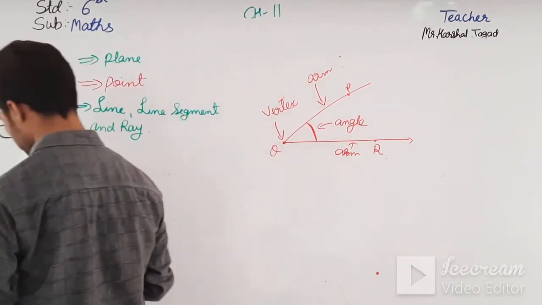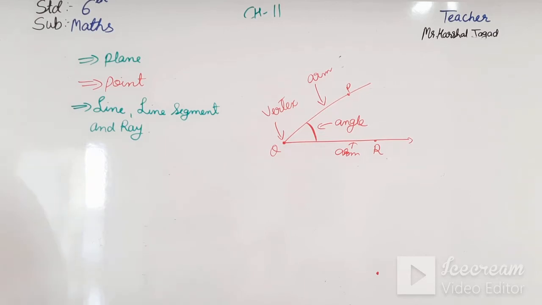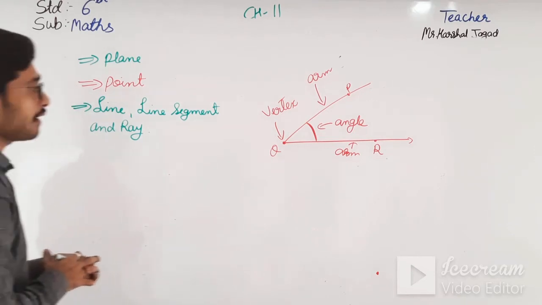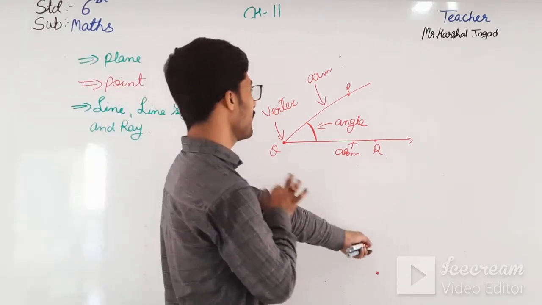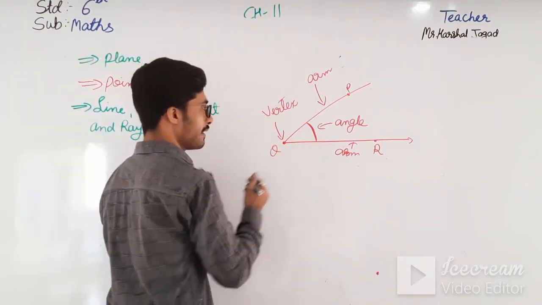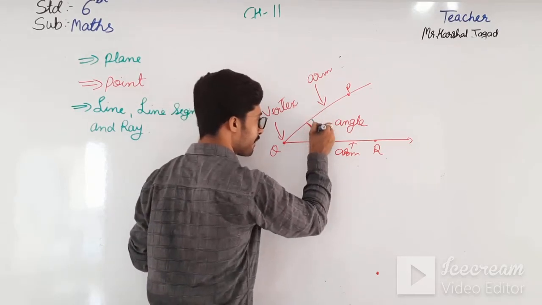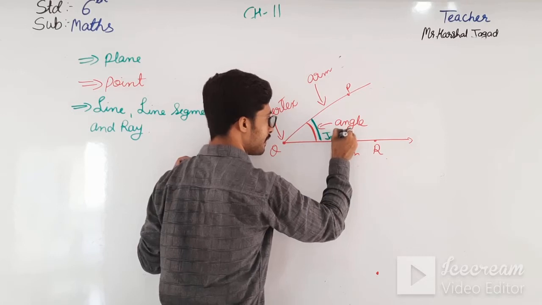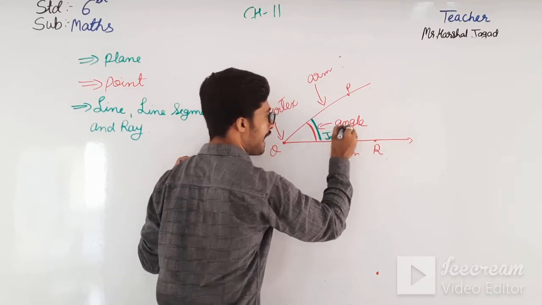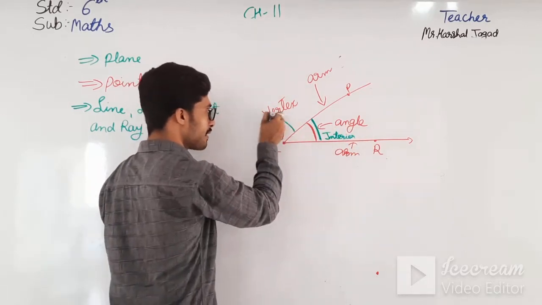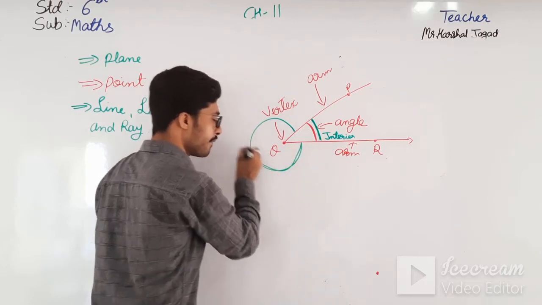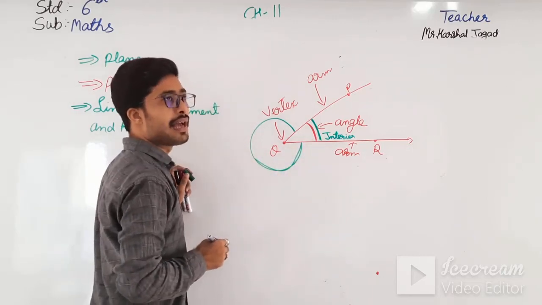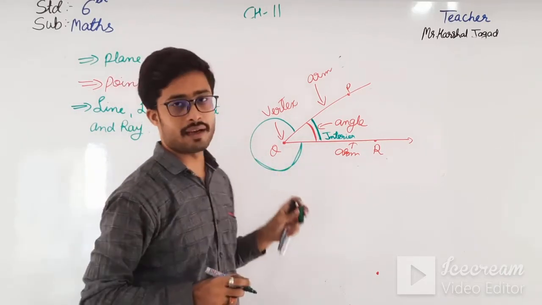Okay, so this is the angles, and then comes interior angle and exterior angle. The angle which is inside is known as interior, and the angle which is outside is known as exterior angle.